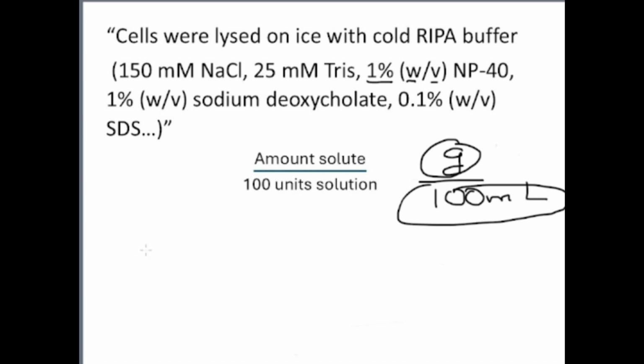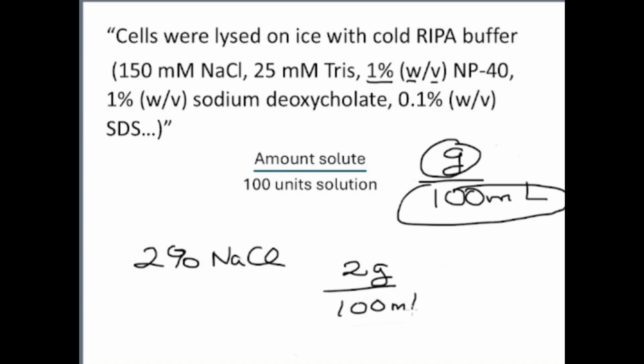So for example, if I say that I have a solution of 2% sodium chloride, that means that I have 2 grams of sodium chloride in 100 mils of total volume. That's the definition of what it means when we say a percent solution W/V.